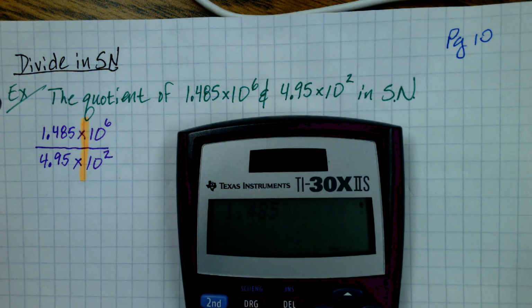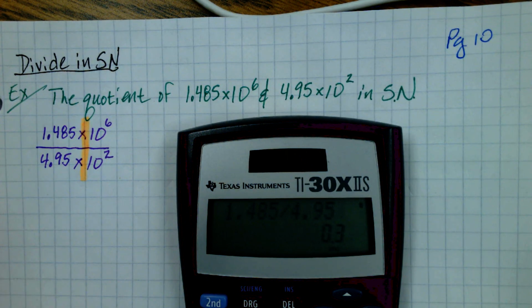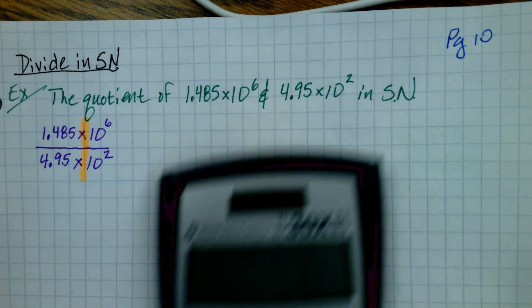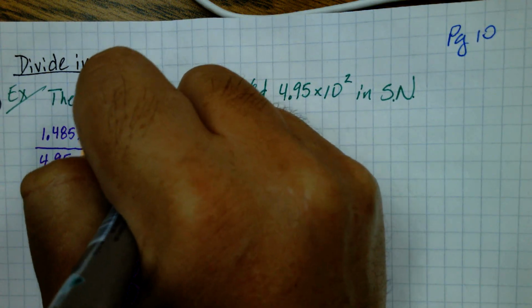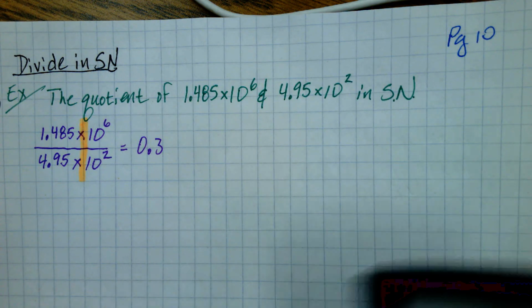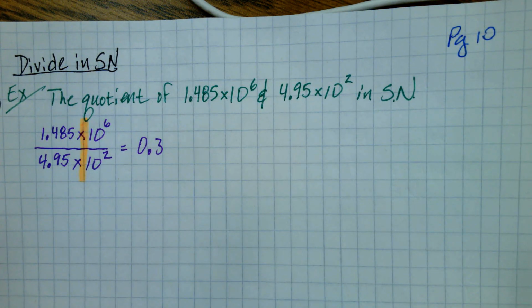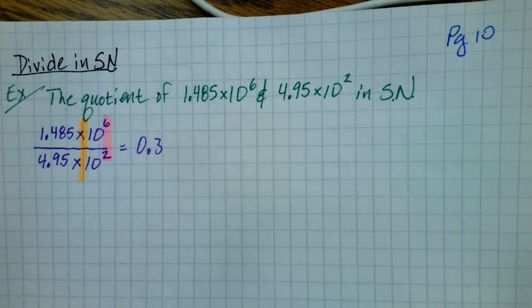1.485 divided by 4.95. And that gives me 0.3. So dividing the coefficients gets me 0.3. Okay. Now, the second part comes from dividing the powers. And remember what's going to happen if we divide powers with the same base?